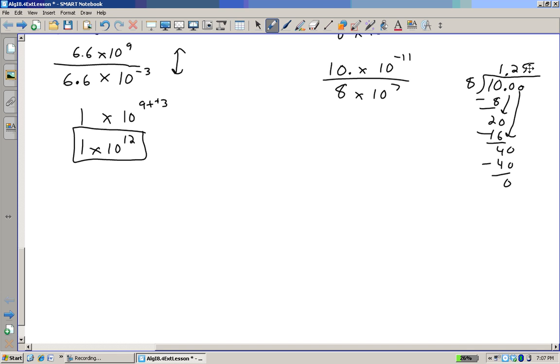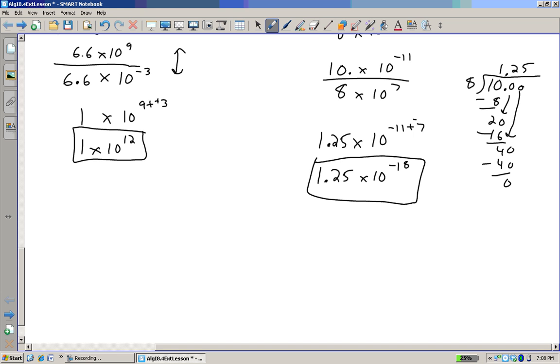So I have 1 and 25 hundredths times 10 to the negative 11 minus 7, because we have division here. We're going to keep, change, change. 1 and 25 hundredths times 10 to the negative 18th power. And that's actually in scientific notation, so I'm ready to go.